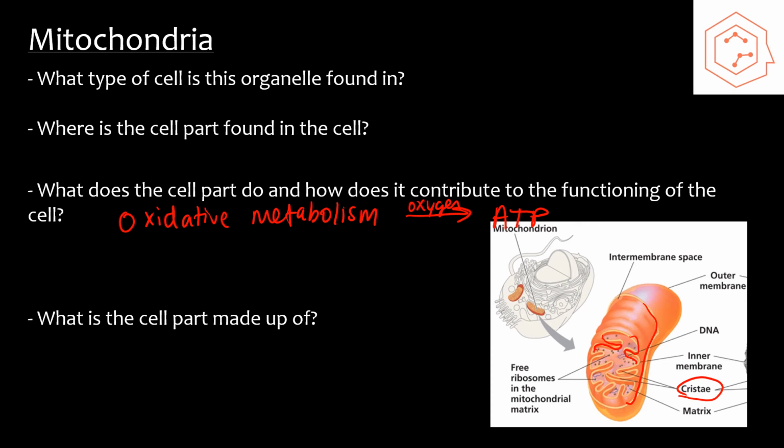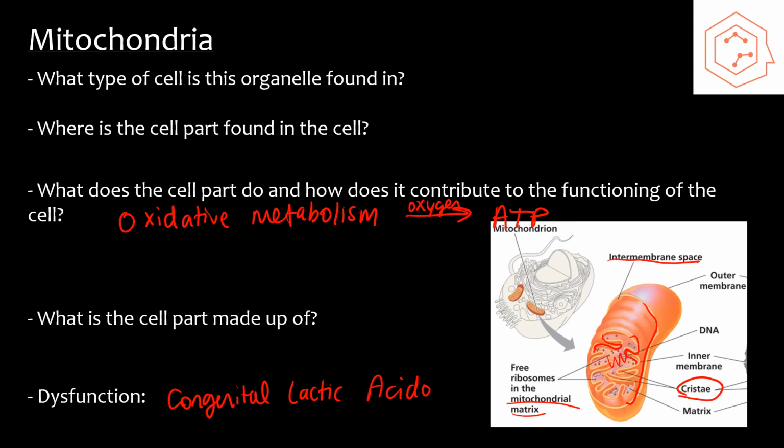The inner membrane creates two aqueous compartments: the outer compartment, which is the intermembrane space, and the mitochondrial matrix, which is the internal compartment over here. A dysfunction in the mitochondria leads to congenital lactic acidosis.